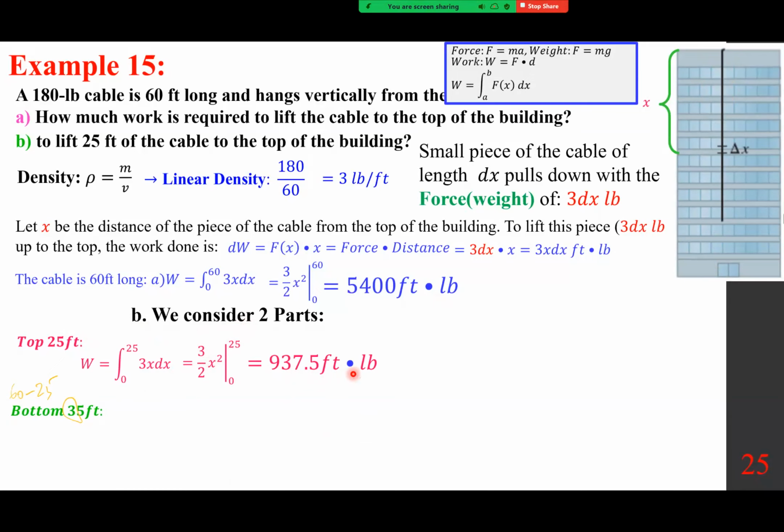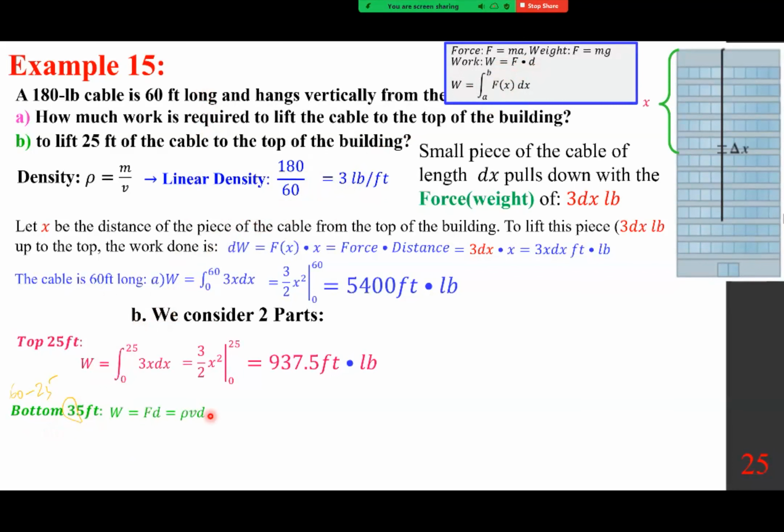The bottom part is fixed, okay? So basically it is 3 pounds per foot. There are 35 feet. So the product of the two is the total weight of the bottom, and you bring it up by 25 feet. W is FD. I want to make sure we understand. W is FD. F in this case would be 35 times 3. And then the distance of bringing it up 25 feet.